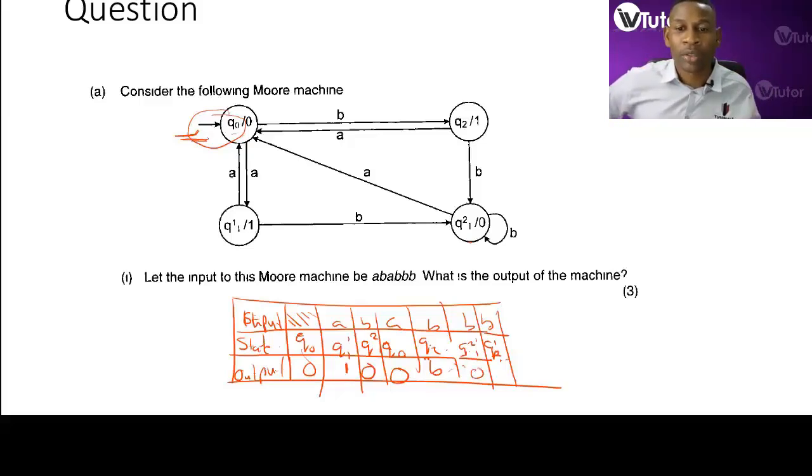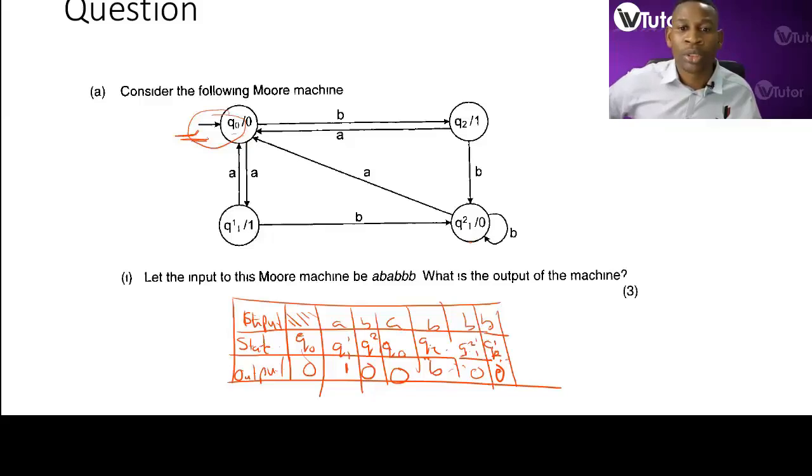It's 0, then we've got Q12 or Q21, that is 0 as well. So Q0, then B, right?